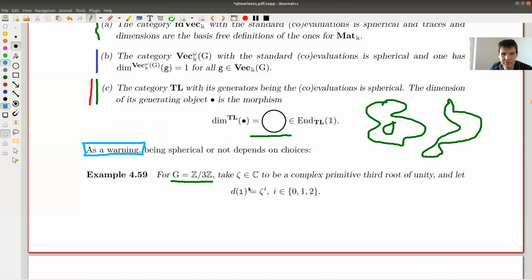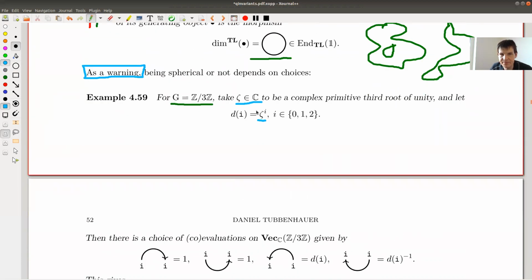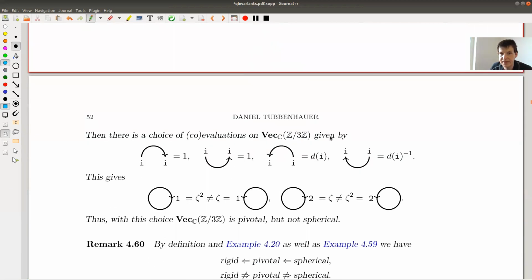The reason I want it one bigger is because I want to take a third root of unity. I can have duality maps indexed by the potential powers of this guy, and I can scale my evaluations and co-evaluations by third roots of unity.